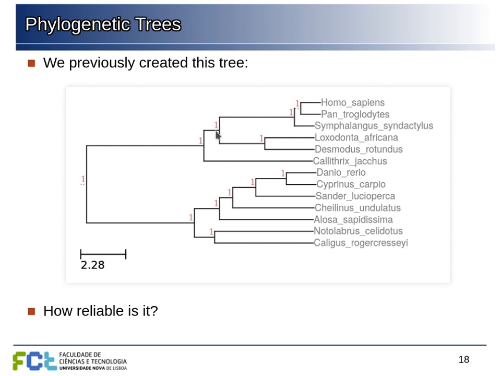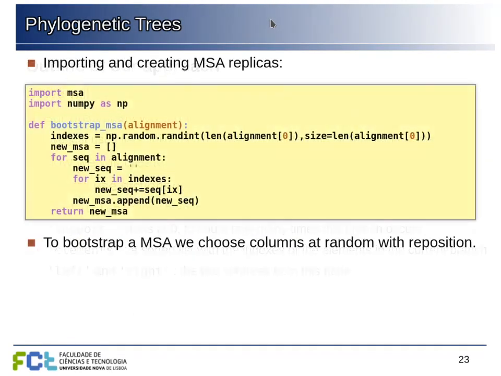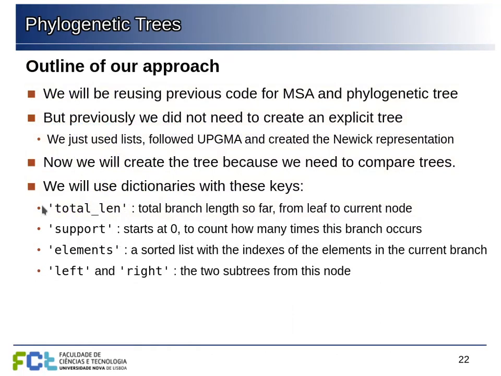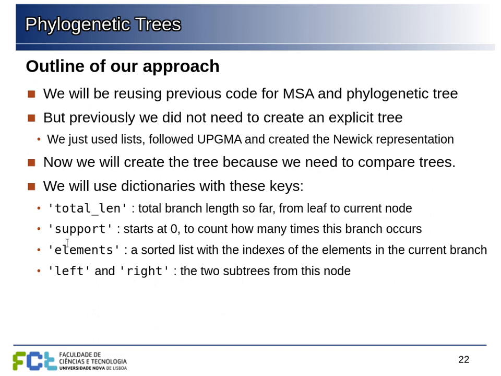And then when we reach here, we have the length that goes all the way down to these leaves, and so on. So this would be the total length that we're going to need to create the branches, the length of the branches when we create the Newick text.